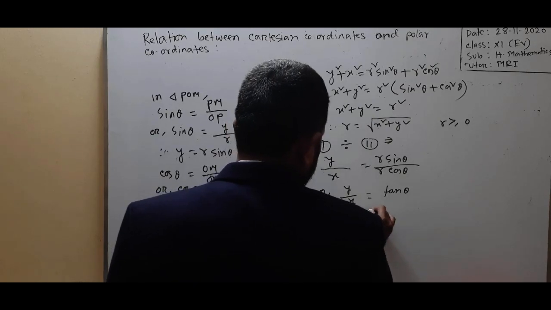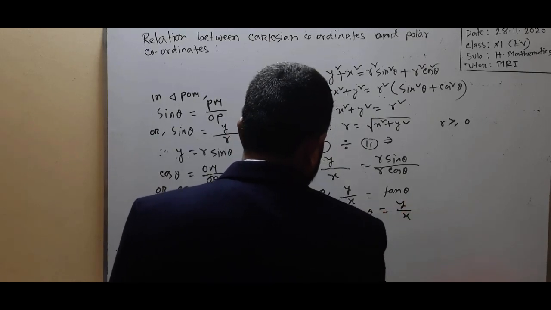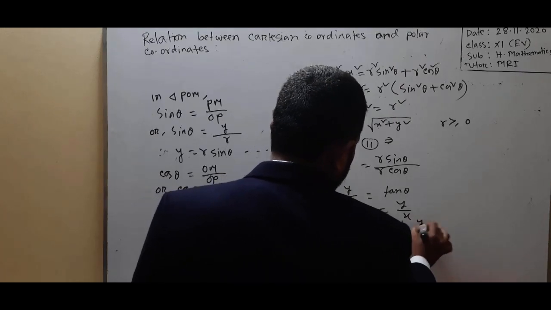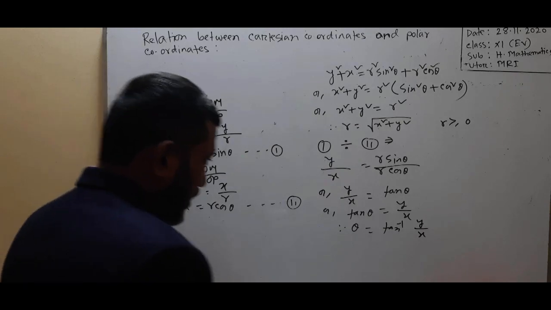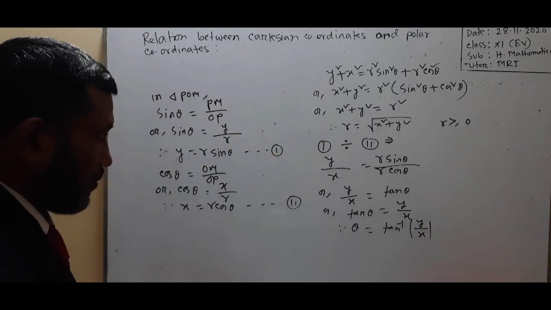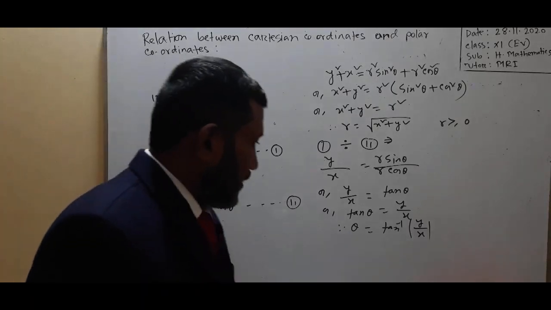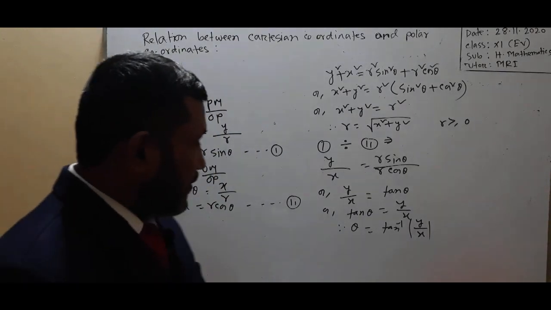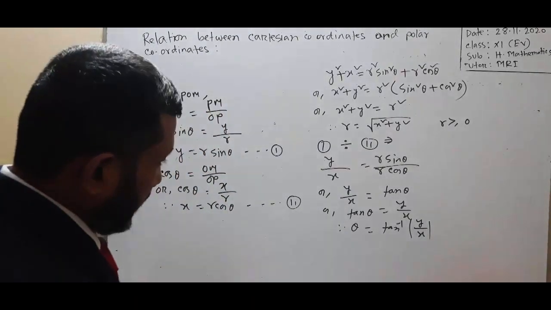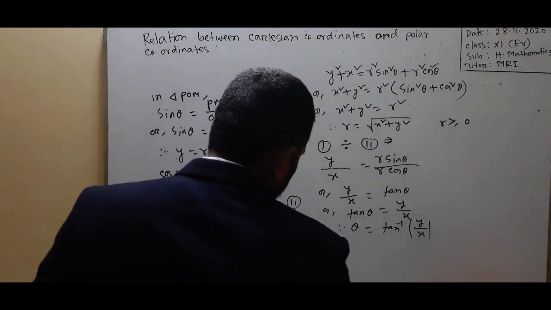Tan theta is equal to y by x, that is, theta is equal to tan inverse y by x. But we will always write this y by x within the modulus. Here the value of theta in different quadrants will be different. Now I will discuss this.